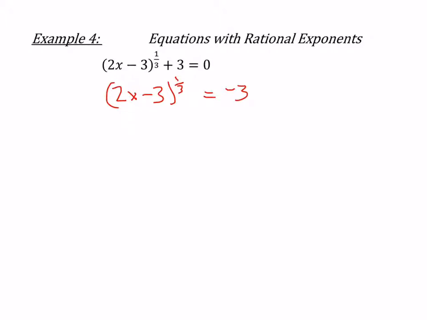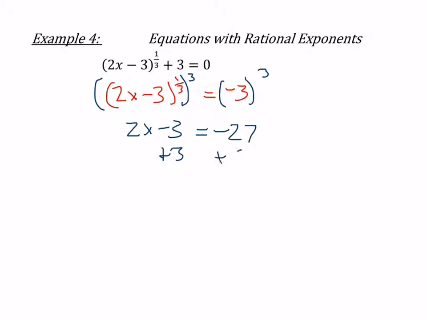So what we need to do is raise this to a power to make that go away. And what we can do is raise it to exactly the 3rd power, whatever that denominator is, or more specifically, the reciprocal. We're going to do the same thing to both sides, raise to the 3rd power, and we have 1/3 times 3, because power to power we multiply. 1/3 times 3 is 1, so this is 2x minus 3 to the 1st power, but that 1st power doesn't change anything, and negative 3 to the 3rd is negative 27.